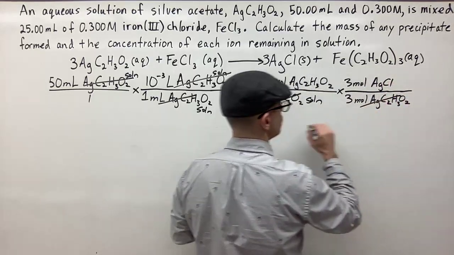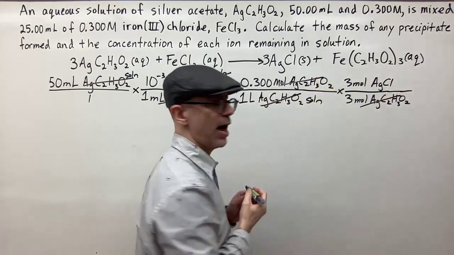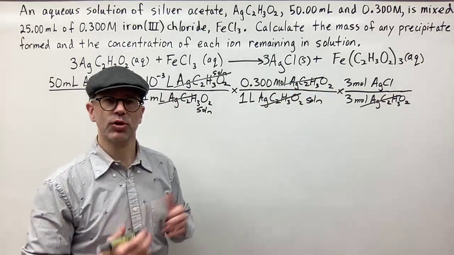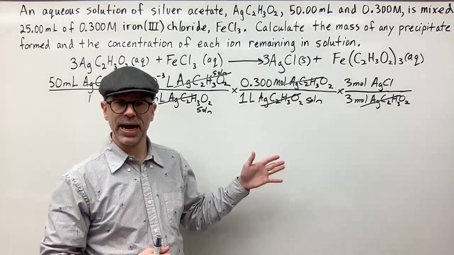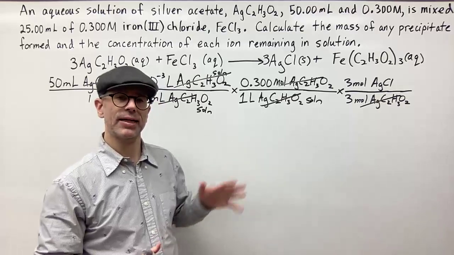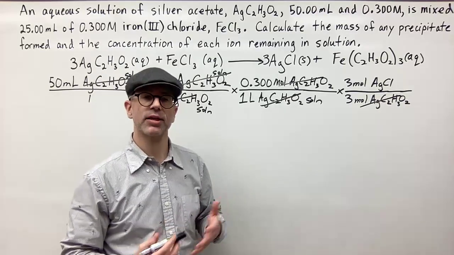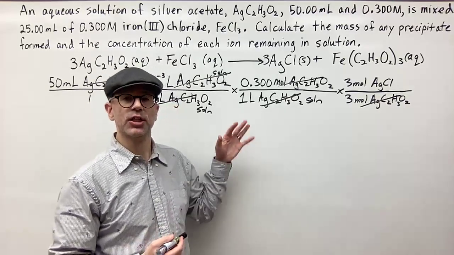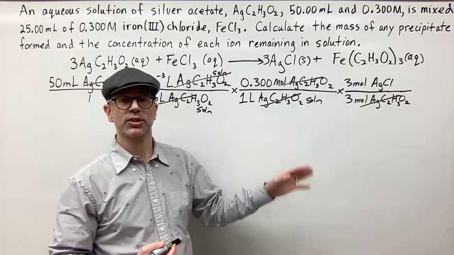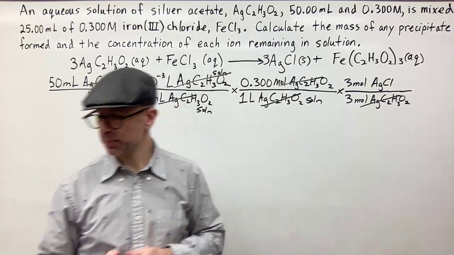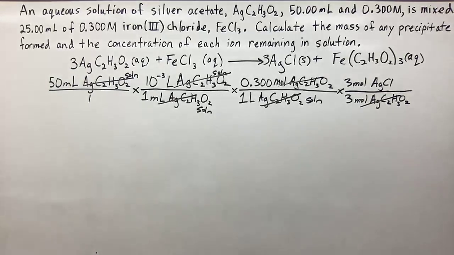So the moles of silver acetate cancel out. Now I have moles of silver chloride, but I want to get to mass in grams. So my last step is to use the molar mass of the silver chloride to convert moles to grams. And so you got to look that up and add that together. And when you do that, you get 143.32.